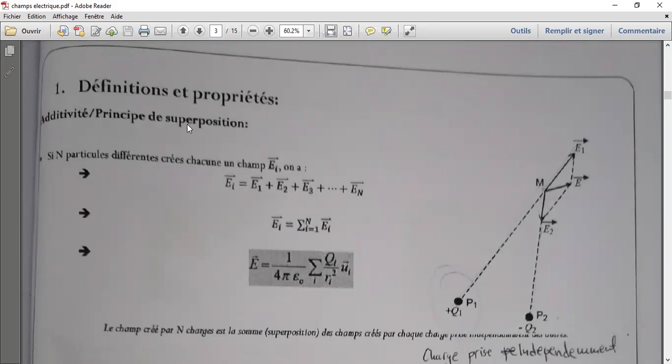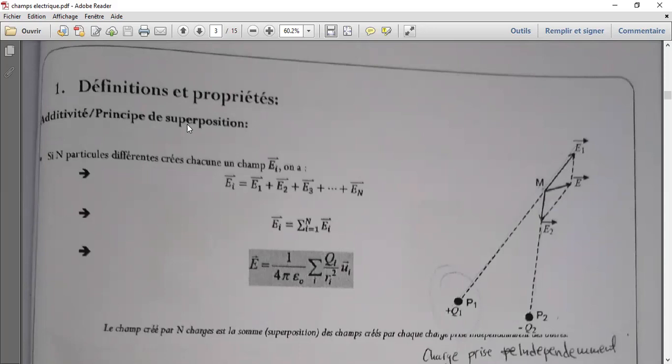Imagine that there are different charged particles which are causing a force on one particle. For me to know each champ which is created on a certain point by a lot of charges, I have to calculate the champ for each charge first. After I calculate, I add them.